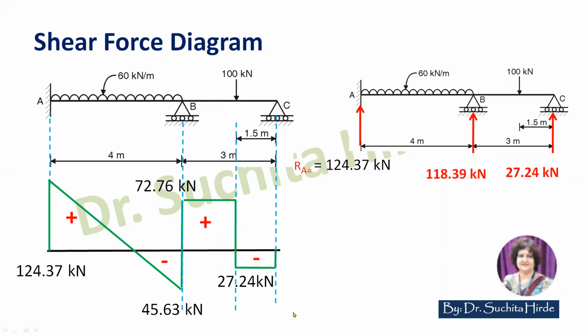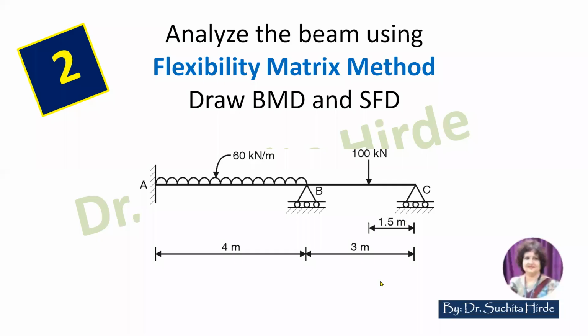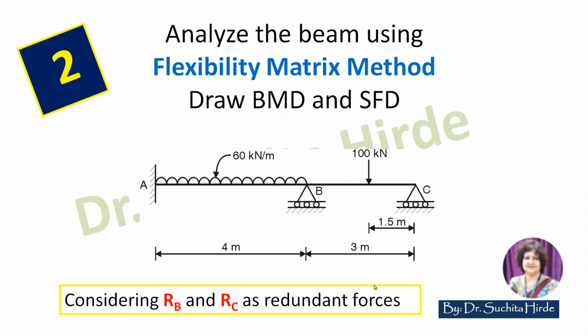And in that video, I have already explained how to calculate the point of contraflexure also. So to understand how to draw the shear force diagram and how to locate the point of contraflexure, do watch the video in which we considered RB and RC as redundant forces. So that is the second way to analyze this same beam using the flexibility matrix method.